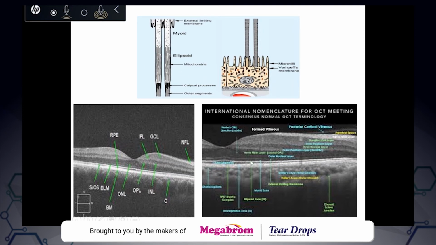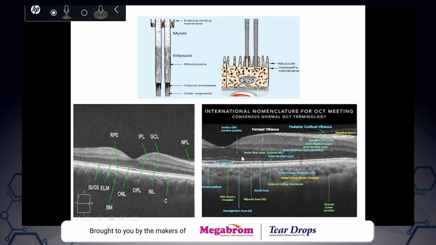That area is seen as the ellipsoid zone. And here the inner segment of the photoreceptors is seen as the myoid zone, where there is protein production. So simply understand the ellipsoid zone is different from the ISOS junction.